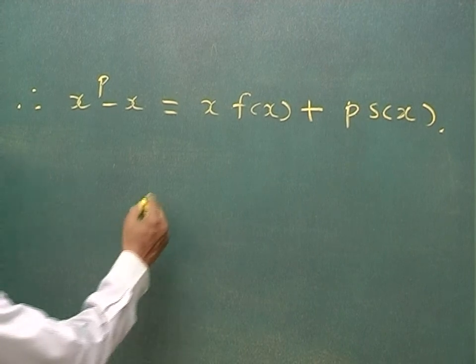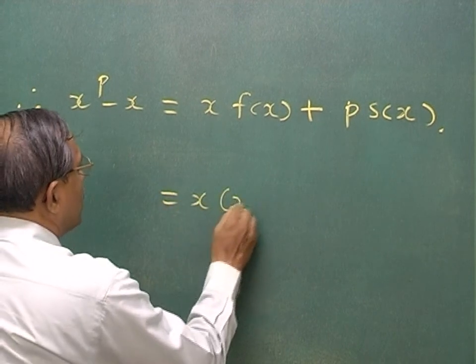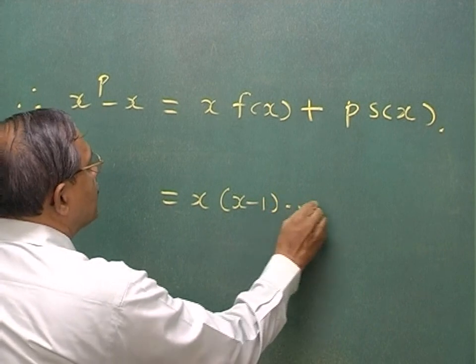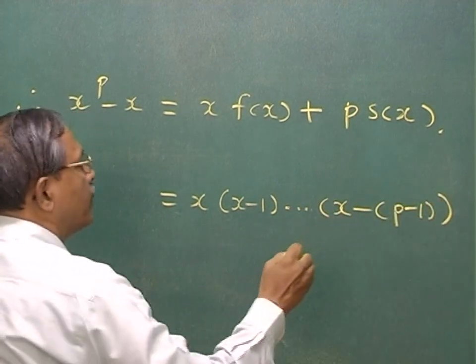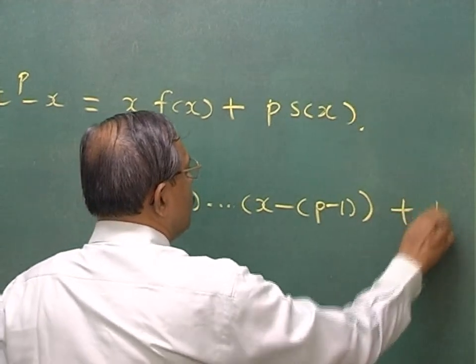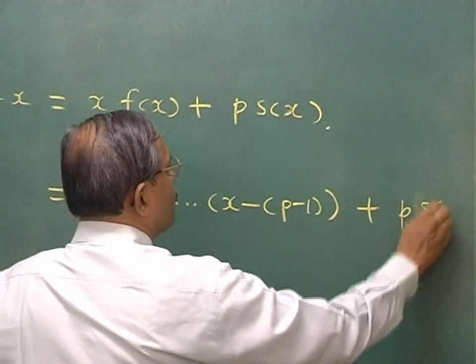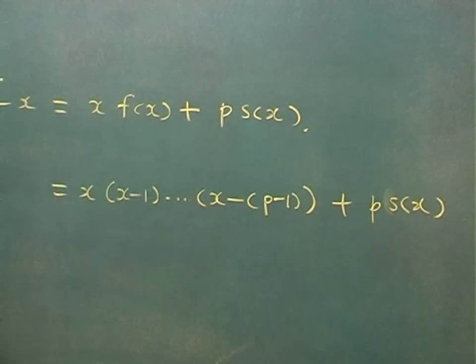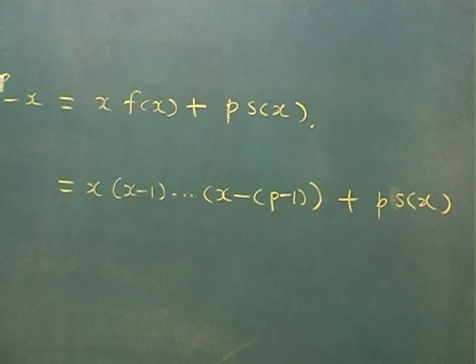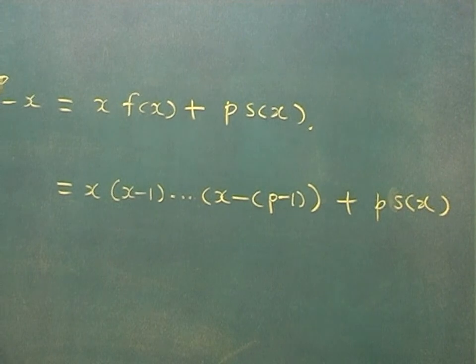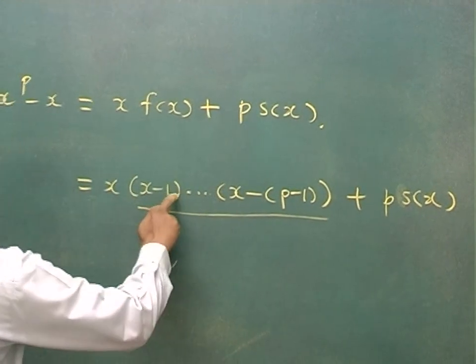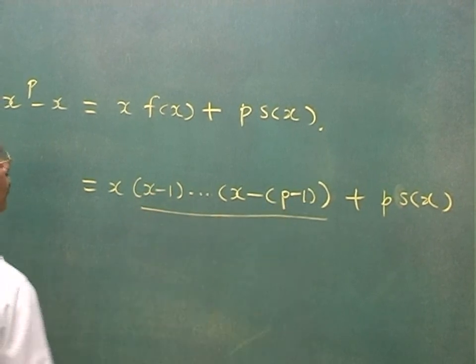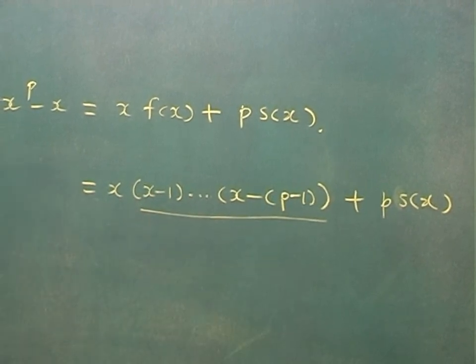Now this f(x) is (x minus 1) etc. (x minus (p minus 1)). Now we can write these coefficients here, so the roots are 1, 2, etc. up to p minus 1.